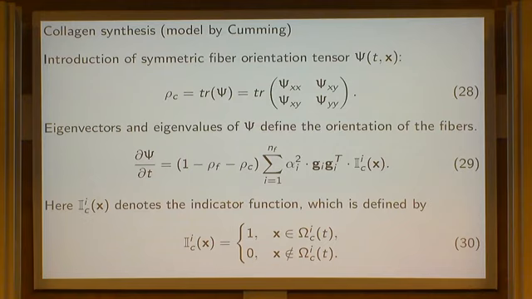So G here denotes the unit vector in the direction of the velocity of a fibroblast. So that's a unit vector. We incorporated this equation, and this is the indicator function which denotes the space that is occupied by the fibroblast.